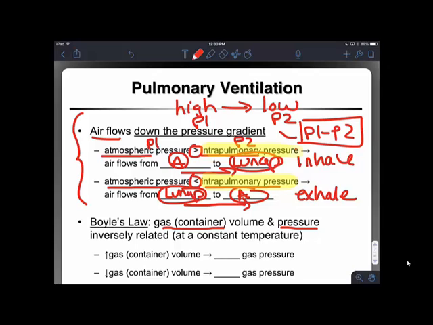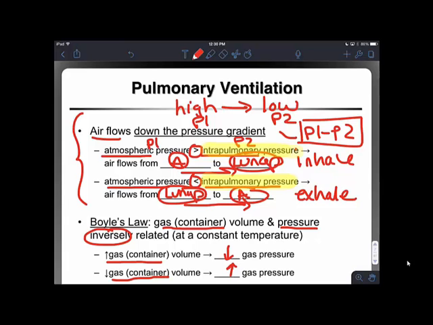If you increase the volume of a container of gas, because the relationship is inverse, the pressure of that gas is going to go down. And vice versa, if the container holding the gas gets smaller, then the pressure of the gas in that container is going to go up.